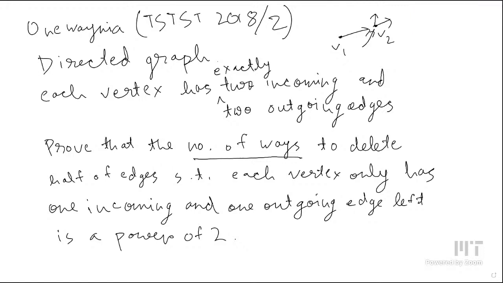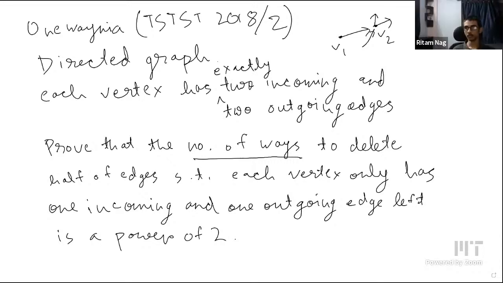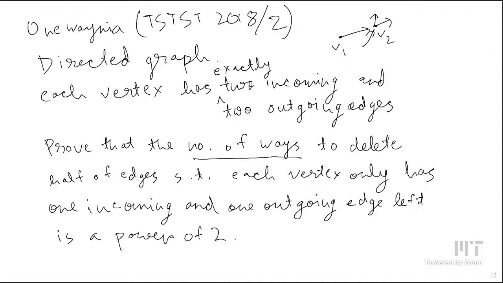Can it have a directed edge to itself? No, all the directed edges must be between different vertices, I think. Okay.